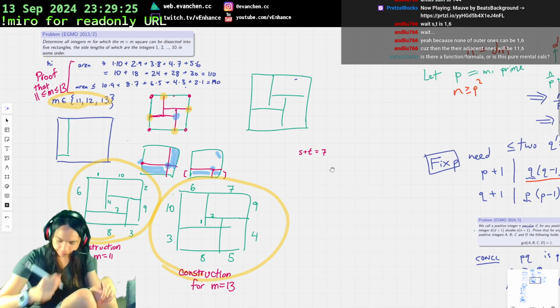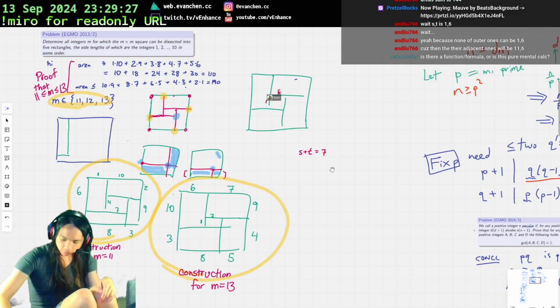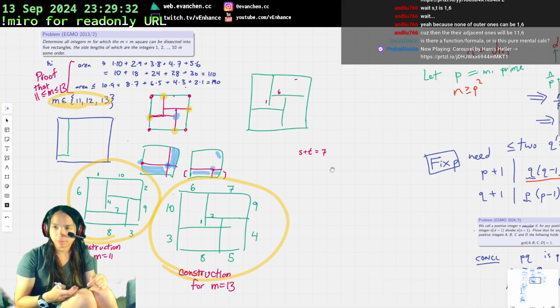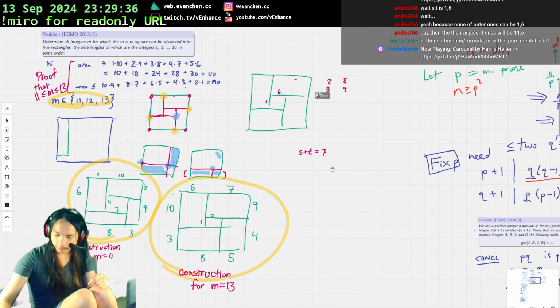Also, I totally lied. The inner area is. So what we need to check is, okay, but like 6 is big, right? There's not that many pairs of numbers that differ by 6. There's like 2, 8, 3, 9, 4, 10. So I just have to check. And then, okay, what are the pairs that differ by 1?